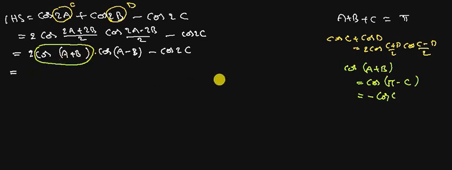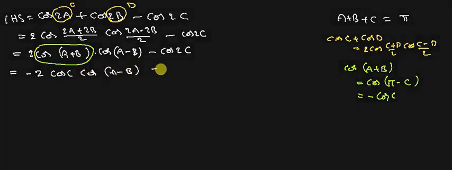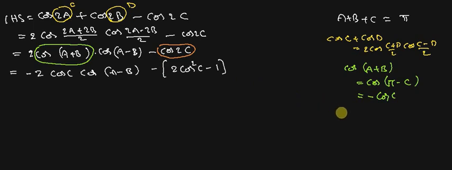So how much did you get? Write down here minus 2 cos c into cos of a minus b, minus, and now look at cos 2c. Cos 2 theta has three different values.